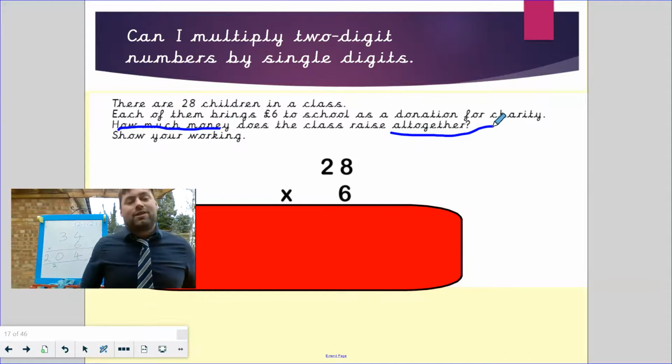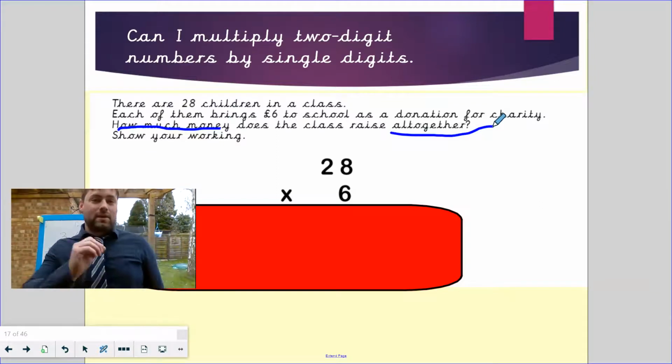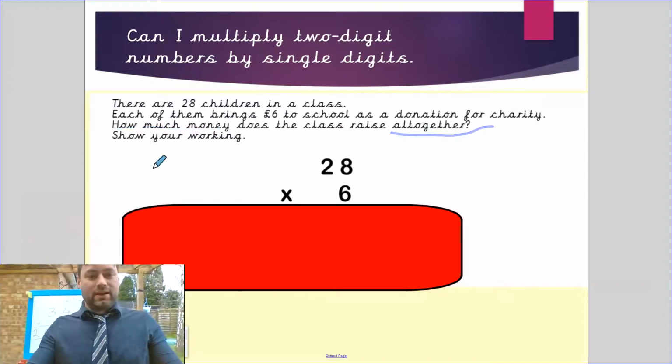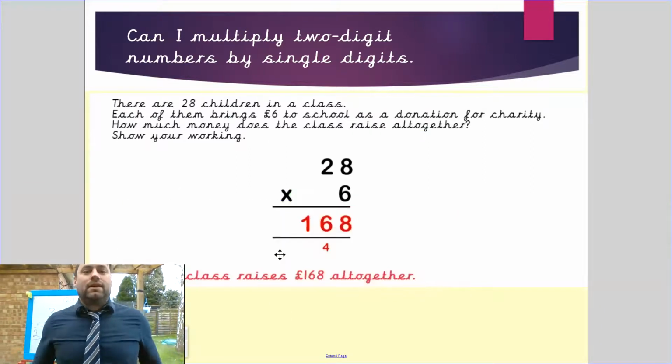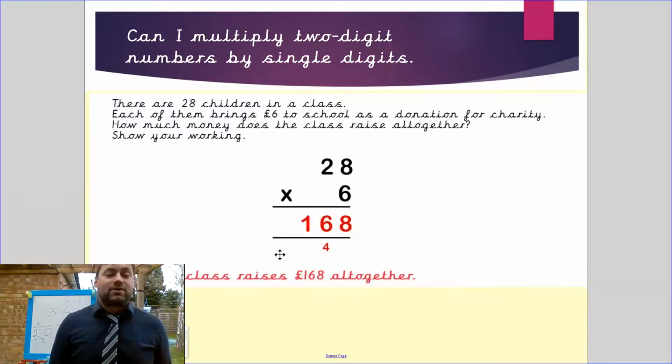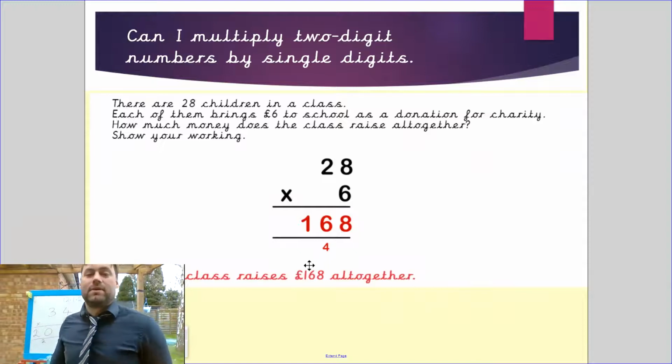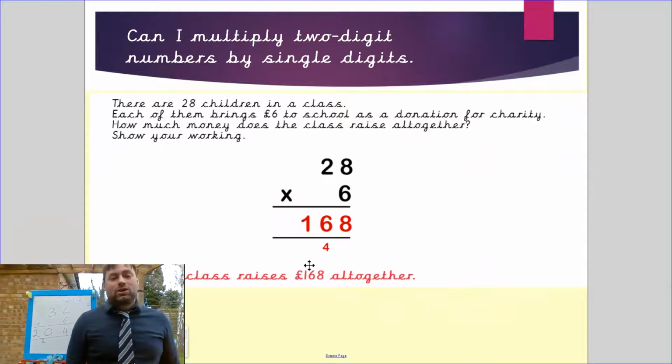So the way we're going to do that is we're going to take 28 and multiply it by 6. Okay, and then you can see these are the steps that we carry out. We do 6 times 8 first, which gives us 48, and you can see that we've exchanged 4 lots of 10 into the tens column. And then we do 20 times 6, which is 120.